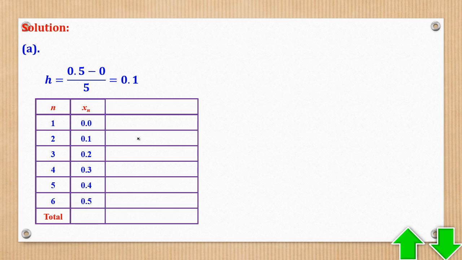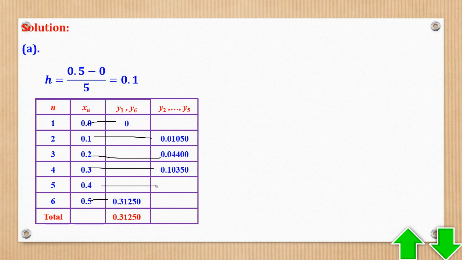Then for these values, substitute them in the given expression for this and for this. Then the intermediate values, when substituted, you can add.